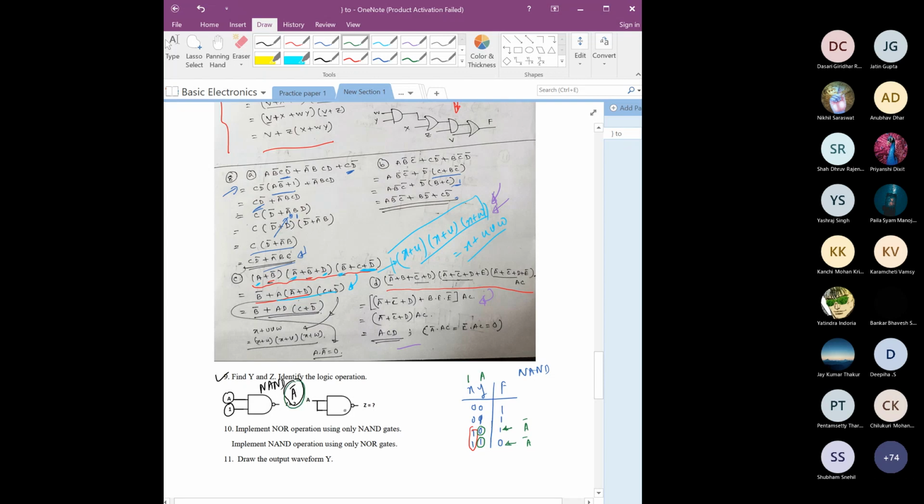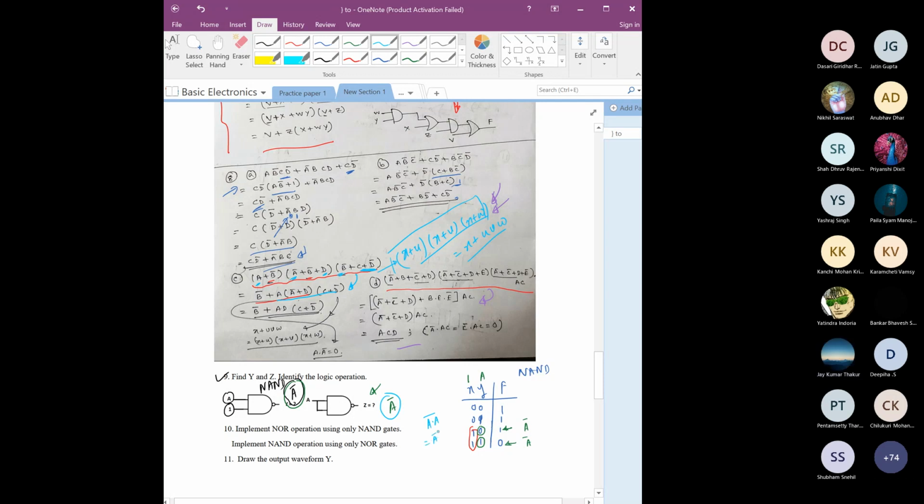Okay. So can you tell what will be Z? A bar. So Z will also be A bar. How are you getting this? A and A, then it is basically dot, right?